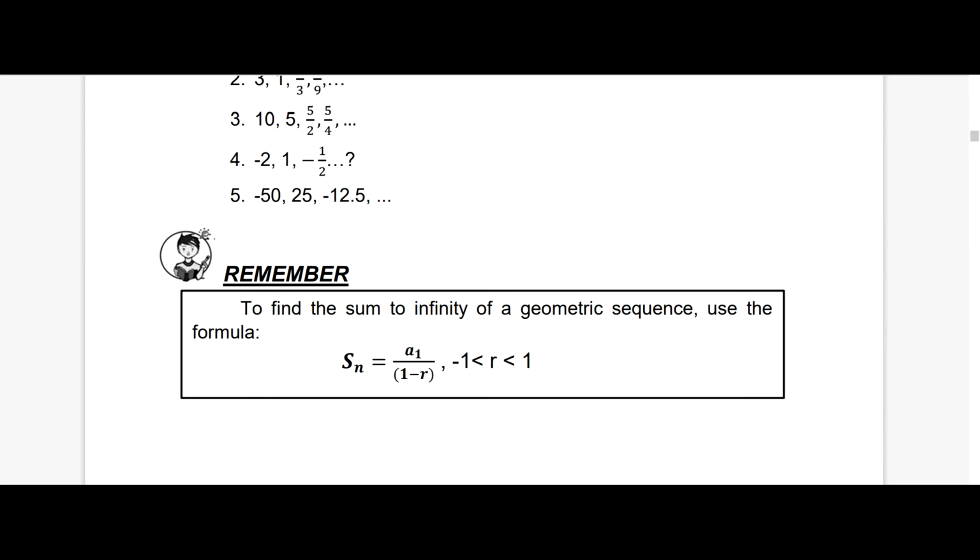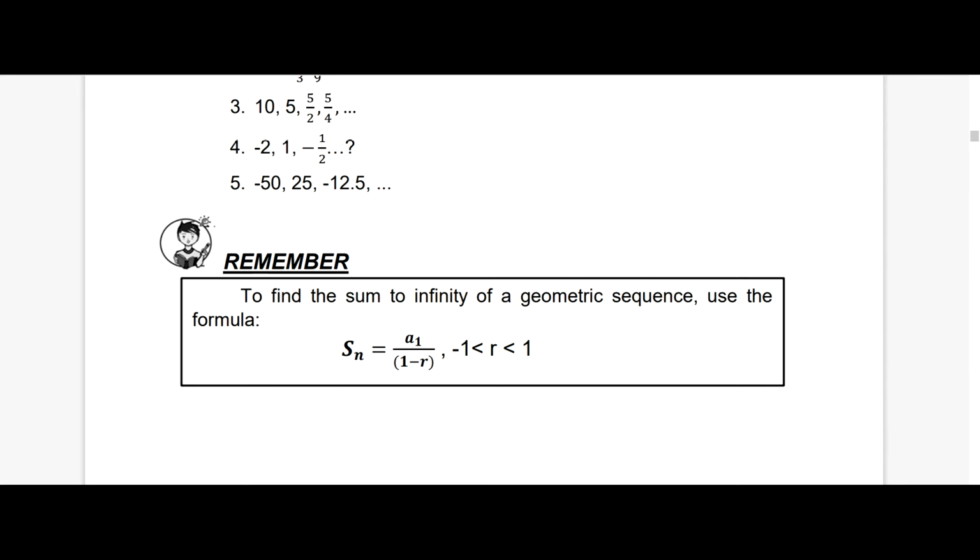Meaning, mga fractions po yung nandyan. Pwede din siyang decimal, kasi decimals are fractions, ibang itsura ng fraction. Diba? Decimals can be converted to fractions and fractions can be converted to decimals.